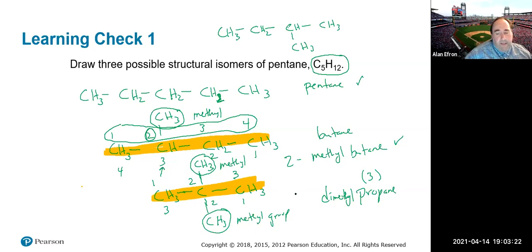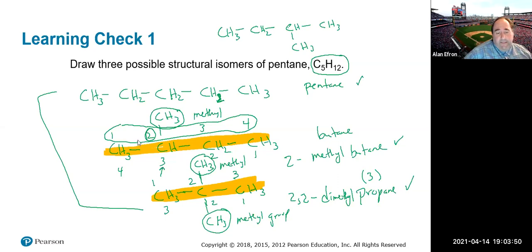Also important in organic chemistry is to give the number for each group. So I would do 2, 2, because each of the methyl groups are on carbon number 2. Dimethylpropane. Again, a different name. It is an isomer. So all 3 of these that I drew on the bottom are isomers because I could double check it by naming them, and I got different names.